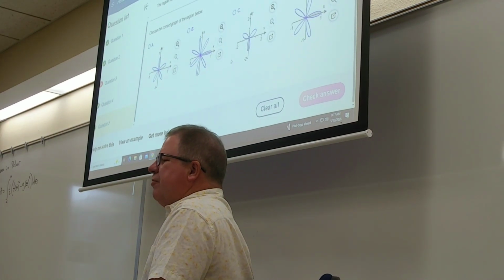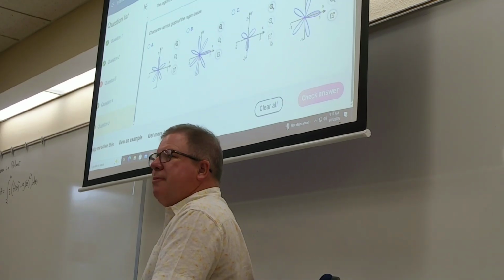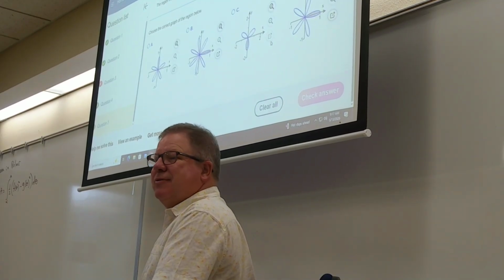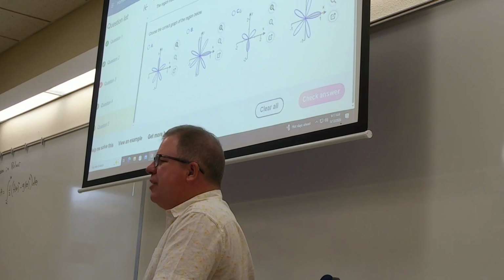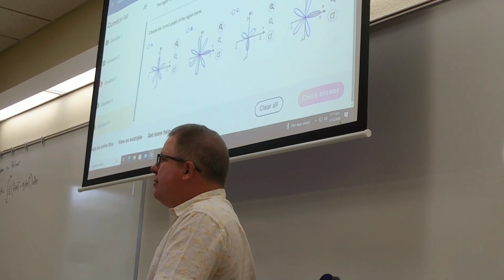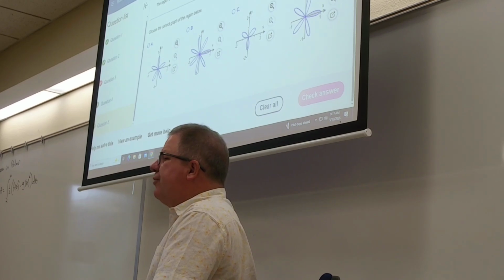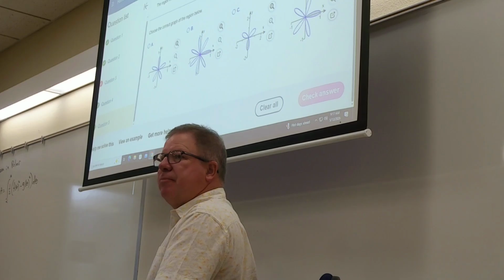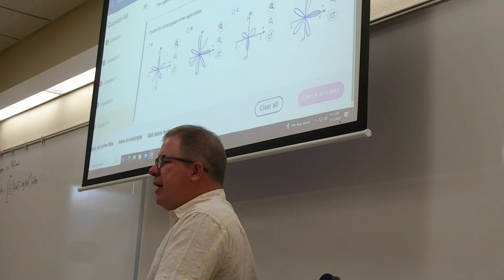So, we're going to find the area of one petal for one of these. All right, one petal. We have R equals cosine 5 theta. If you remember, when that coefficient of theta is odd, that is how many petals there are. So this one has 5 petals. It could be A, there's 5 petals there.